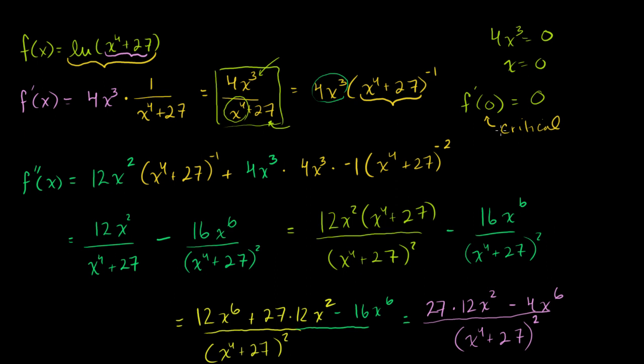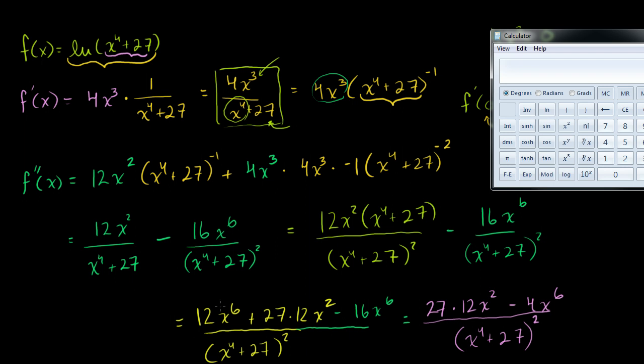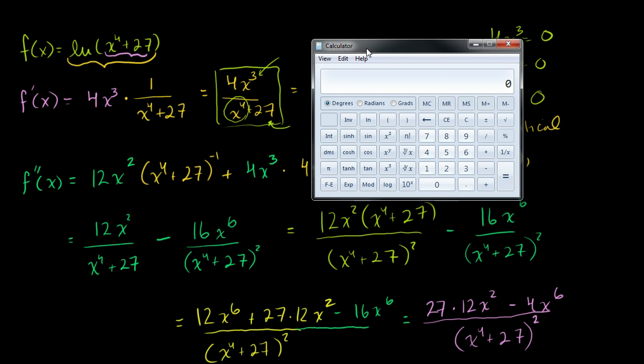We don't know if it's a maximum or a minimum or an inflection point yet, we'll explore it a little bit more. And actually, just so we get the coordinate, what's the coordinate? The coordinate x is 0, and then y is the natural log of 27. Let me get the calculator out. I said I wouldn't use a graphing calculator, but I could use a regular calculator.